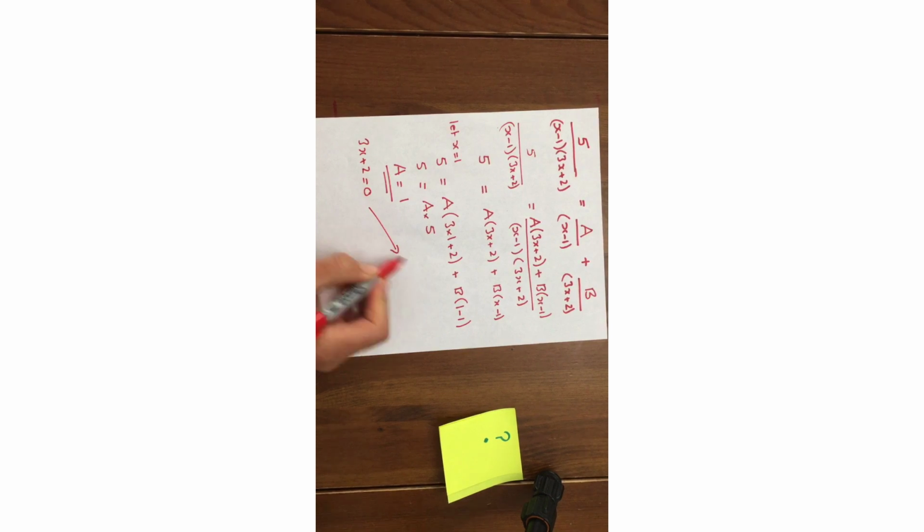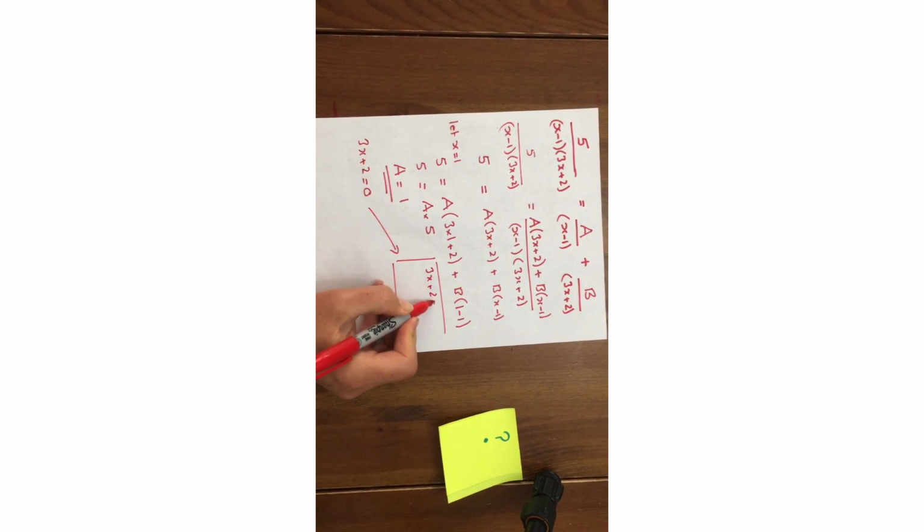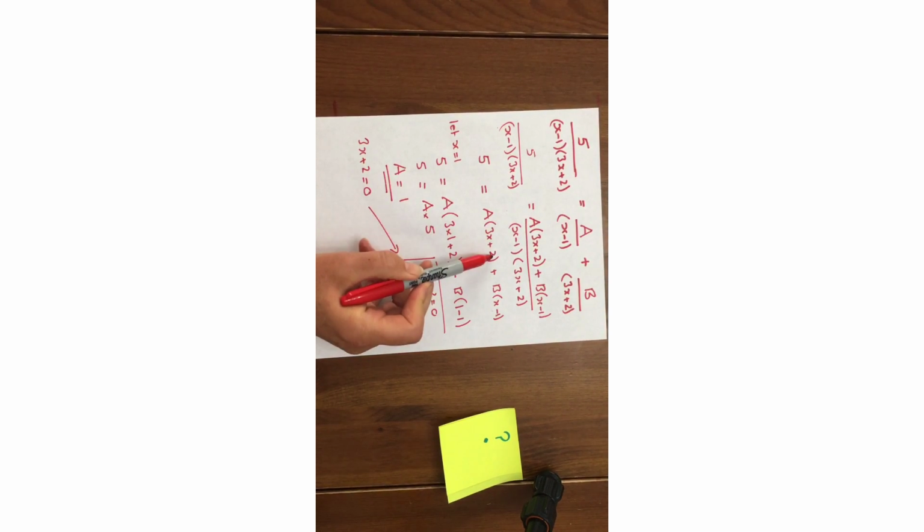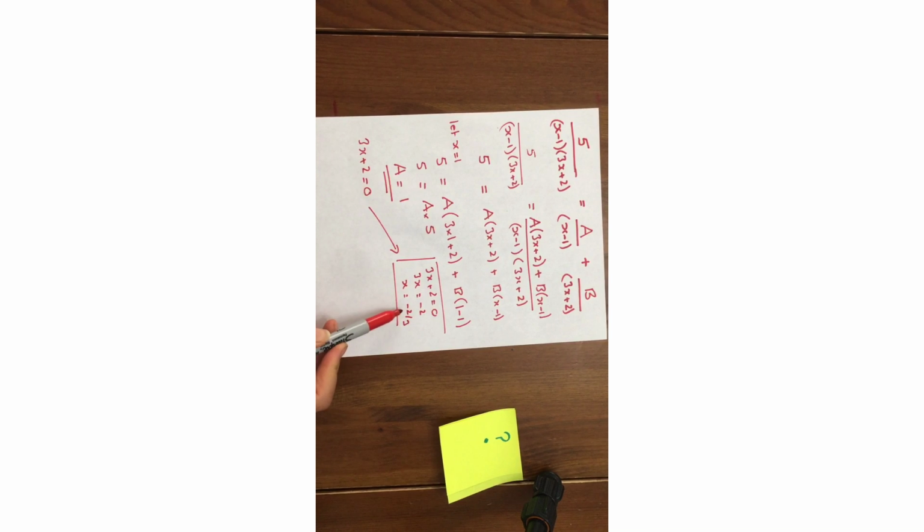If I just do my working out up here, so you can all see this. Therefore, 3x plus 2 is 0, 3x is minus 2, so x is minus 2 over 3. So to make this value here 0, my value of x needs to be minus 2/3.